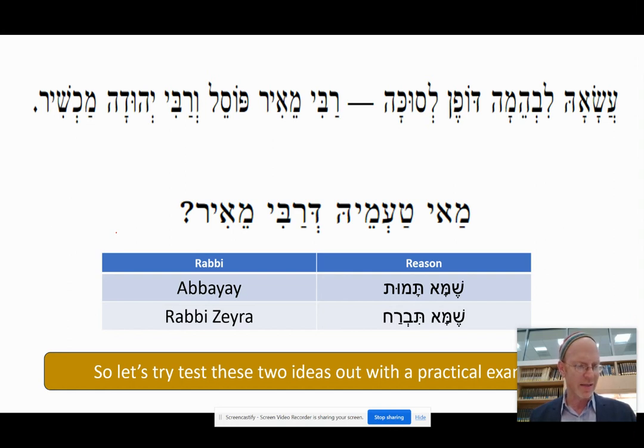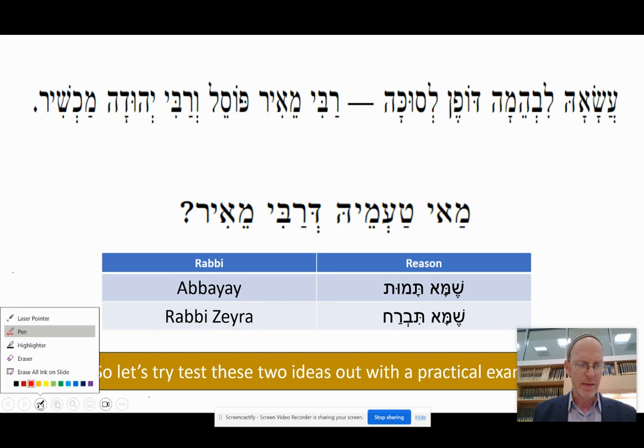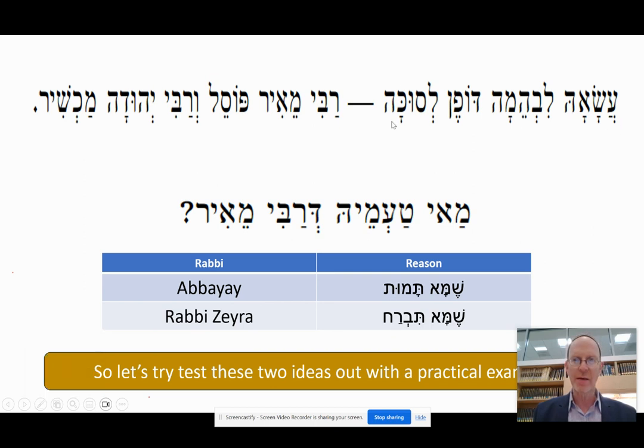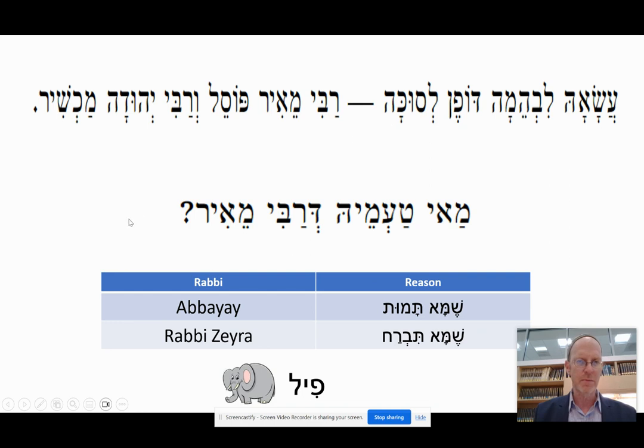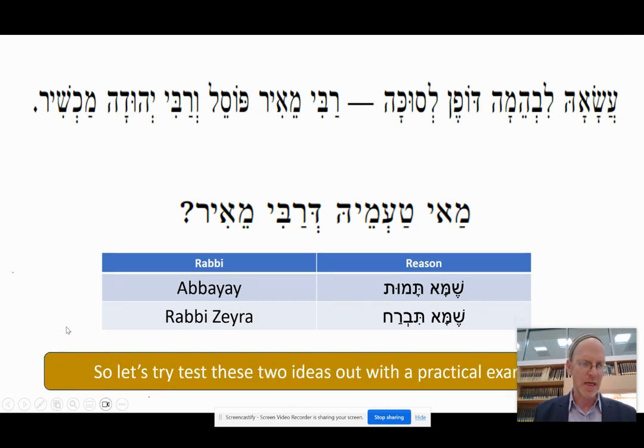First of all, what is a Braita? This here is coming from a Braita, and it says, Asa'al lebehema dofen l'sukkah.